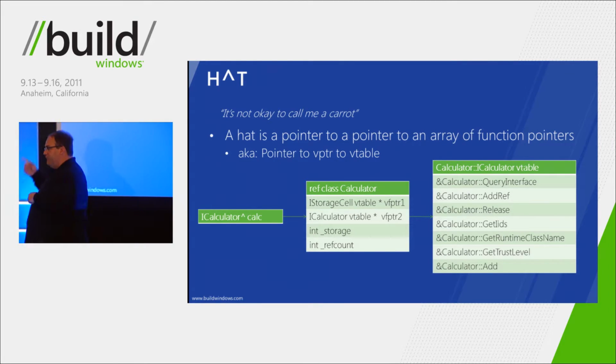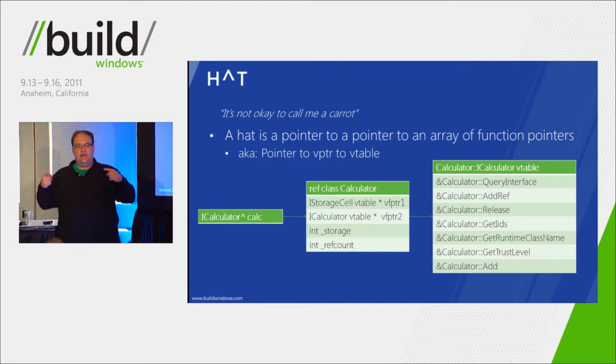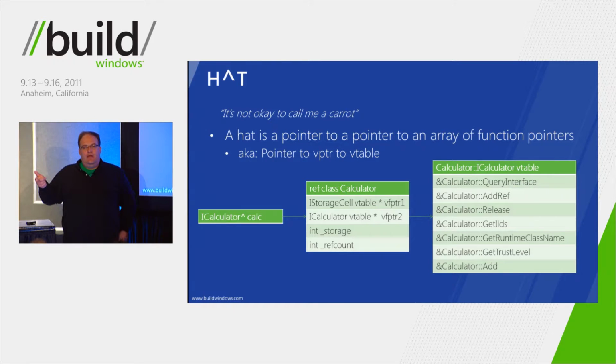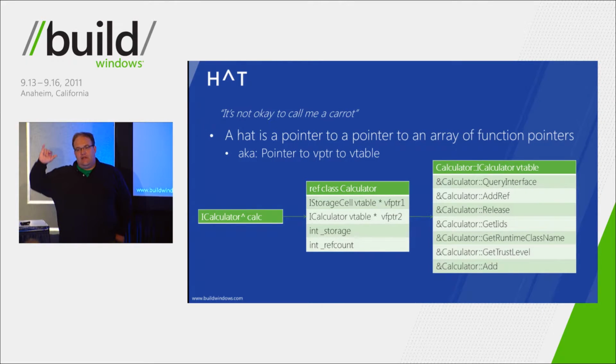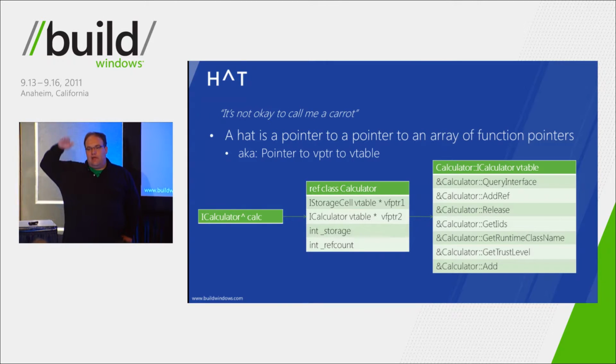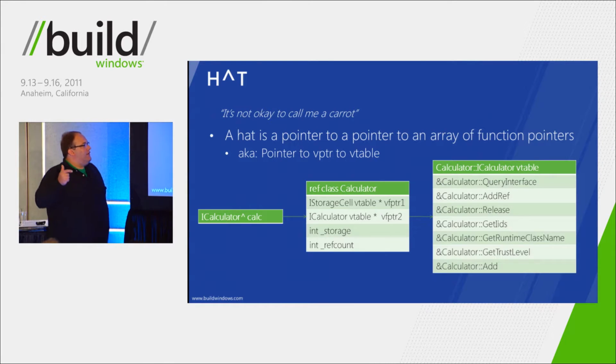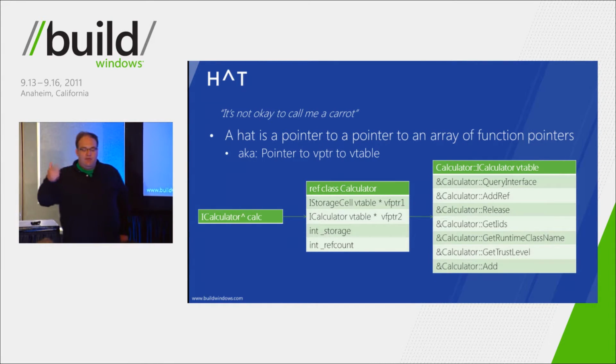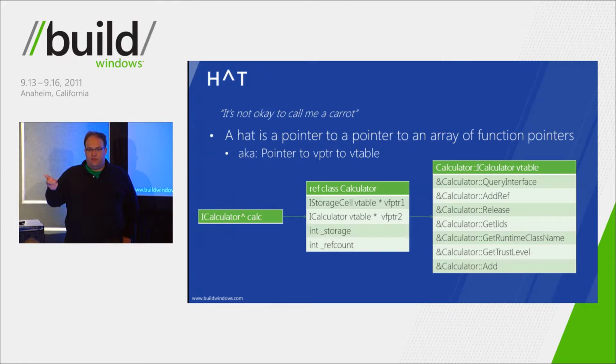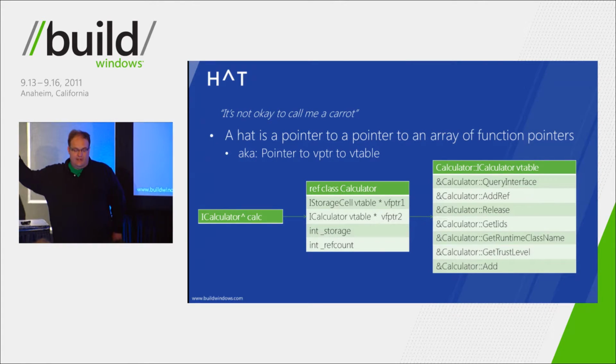We don't always point things to the beginning of classes. If you've ever opened up .NET, you'll notice that .NET always points to the beginning of a class. We actually point to the specific vpointer inside a class with a hat. So when we dereference a hat, we dereference the vpointer that we point to, and we then get to the vtable.